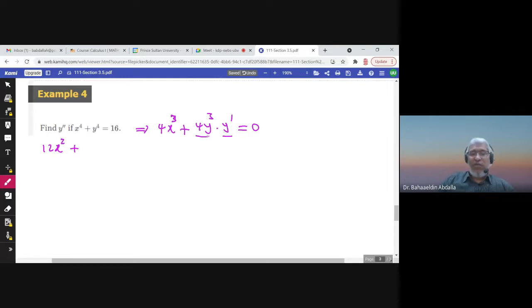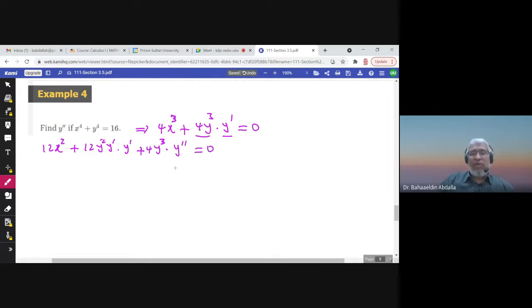So the derivative of 4y cubed is 12y squared times y prime, because y is a function of x, times the second function which is y prime, plus 4y cubed times the derivative of y prime, and that's y double prime, equals 0.